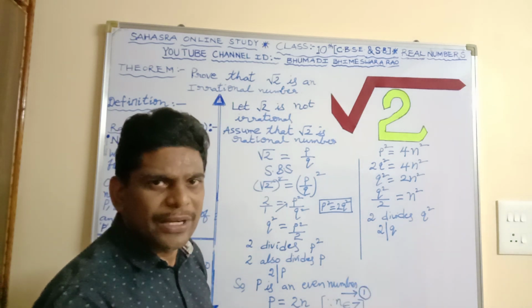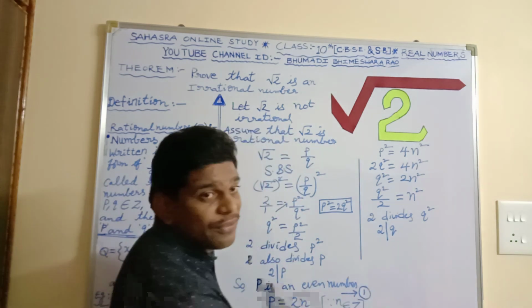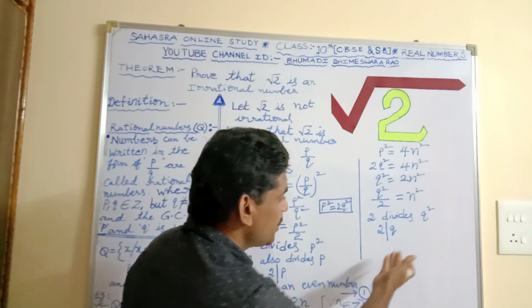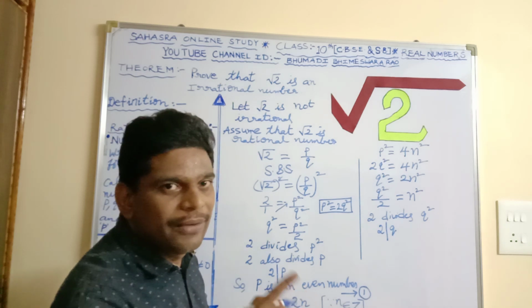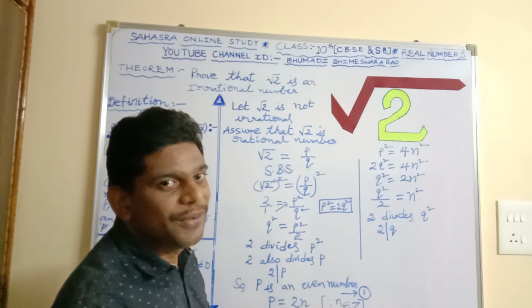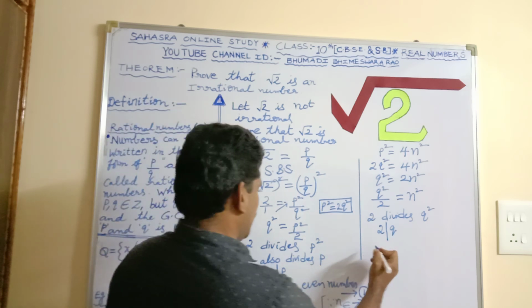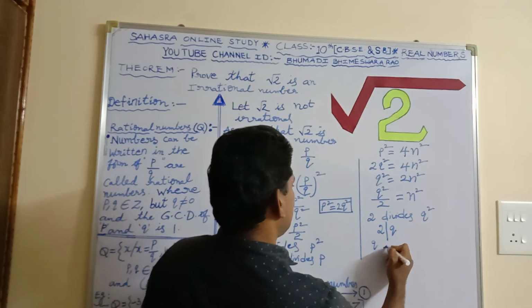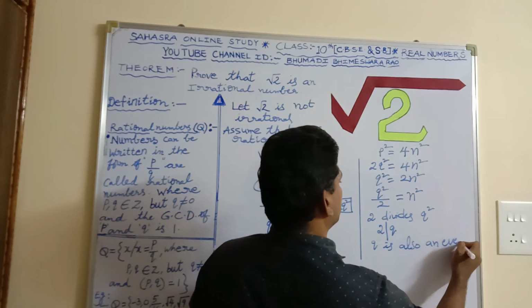Okay, q is also a multiple of 2. 2 is a factor of q. If 2 is a factor of q, q is a multiple of 2. So we notice q is also an even number.